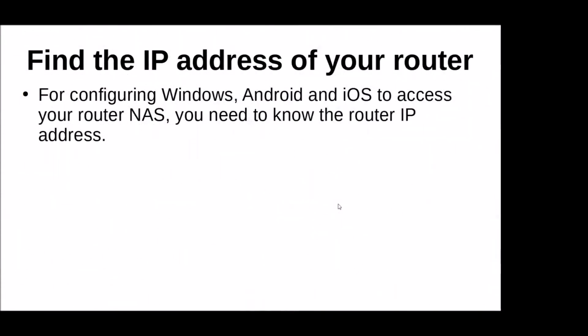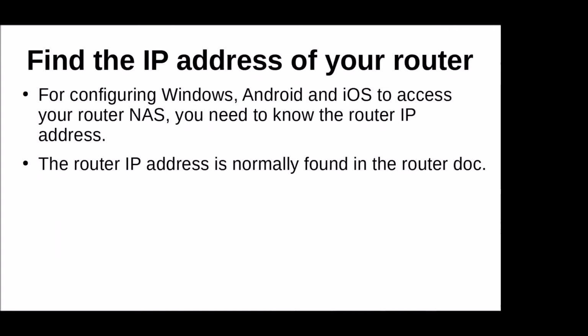Okay, now, earlier in Introduction to IP Addresses and Ports, I showed you how to identify your router IP address, the internal IP address. And you need to know that in order to accomplish the harder stuff, which is configuring your other devices to use the NAS.